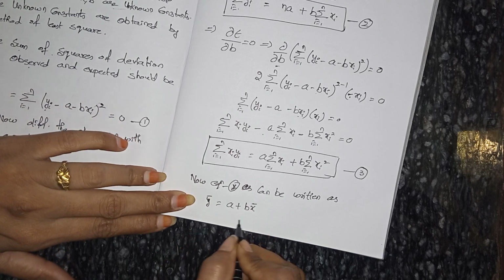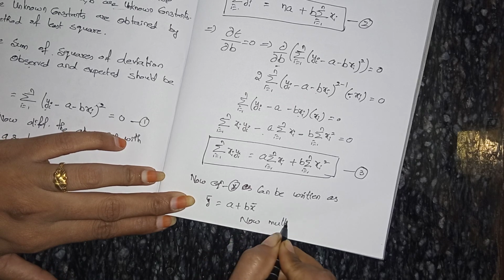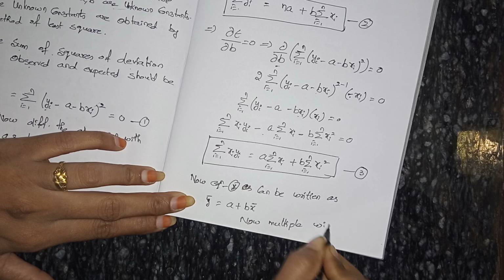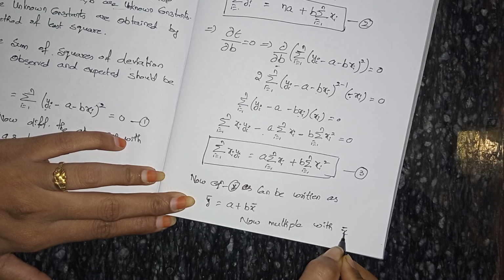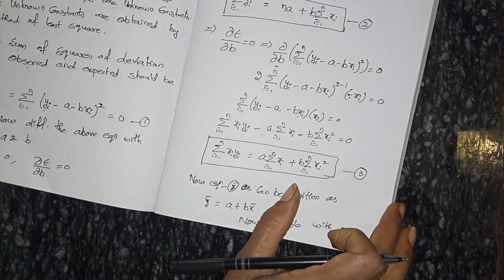So now multiply with x bar. Okay, so now what we have to do is we have to multiply this equation with x bar. So at that time what does it become?